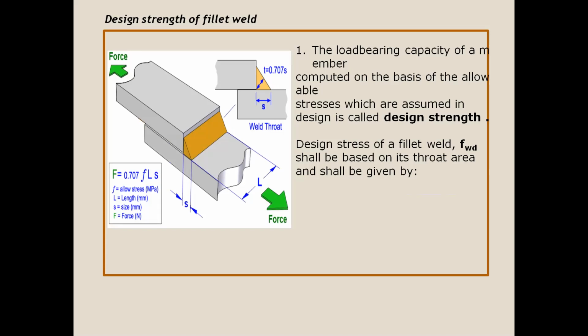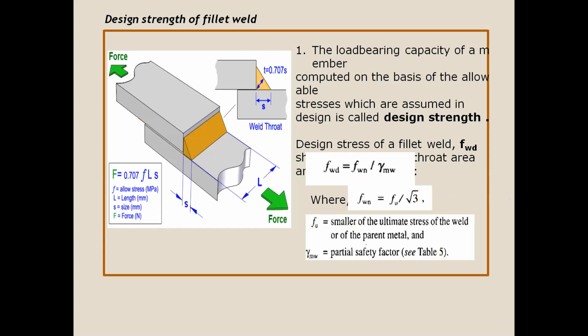Design stress of fillet weld fwd shall be based on its throat area and shall be given by fwd equal to fwn by gamma mw, where fwn equal to fu by root 3. fu equal to smaller of the ultimate stress of the weld or of the parent metal, and gamma mw equal to partial safety factor.